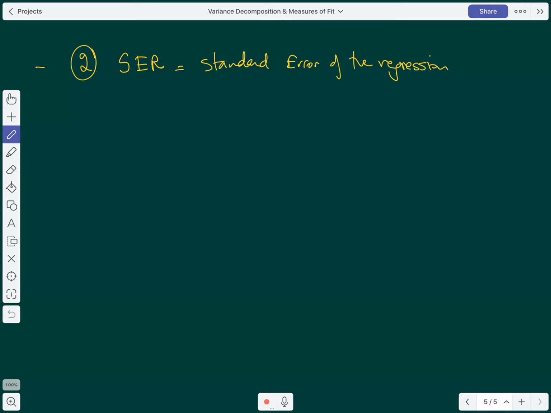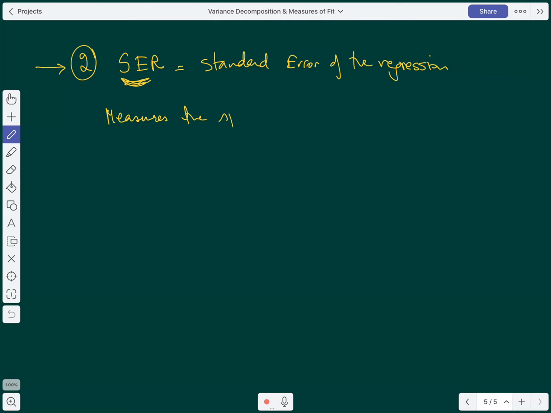In R square I said it's unitless, because whatever number I get is just a percentage of explanation. But the SER takes the same units as y. If my dependent variable is in dollars, my SER is going to be in dollars. If the dependent variable is in miles, the SER is going to be in miles, and so on, because it's actually based on the square root of the variance of this variable, adjusted for degrees of freedom.